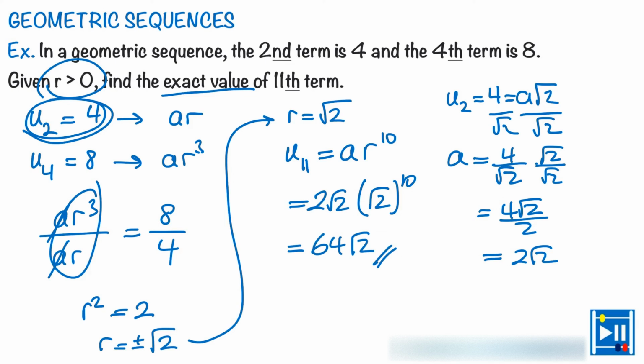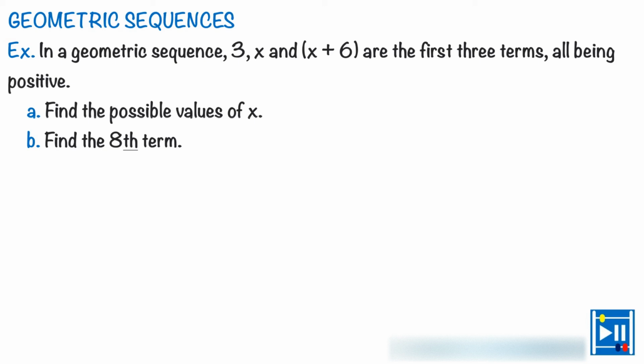Another example. So we are given the first 3 terms of a geometric sequence, and we have to find the possible values of x and then the 8th term. So first of all, just because I know that the first term is 3, I need to find the common ratio, right? So to find it, I'm going to compare these two, and then I'm going to compare these two.